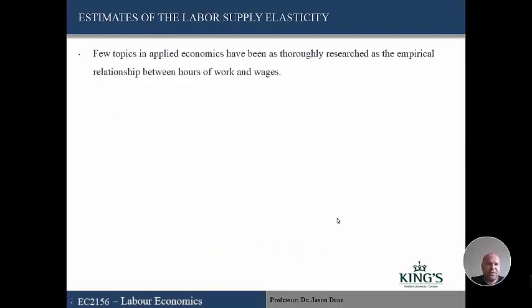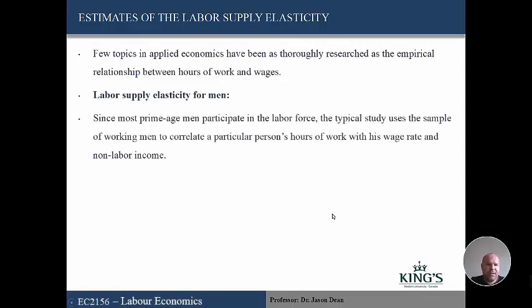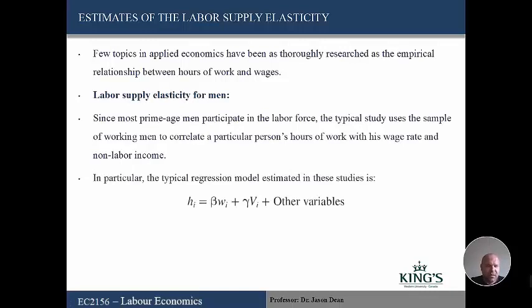So this is a thoroughly researched topic. For men, many studies find that prime age men participate a lot in the labor force, and so we can usually just take a sample of working men and then correlate their hours worked, wage rate and non-labor income. A sort of benchmark regression model that we would estimate to capture these estimates would be as follows. Here we have hours worked as the dependent variable, and we have that equals a coefficient beta times W, which is the wage, plus gamma times V, which is non-labor income, plus other variables.